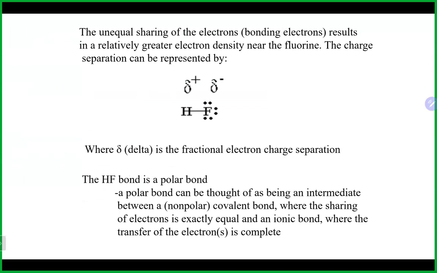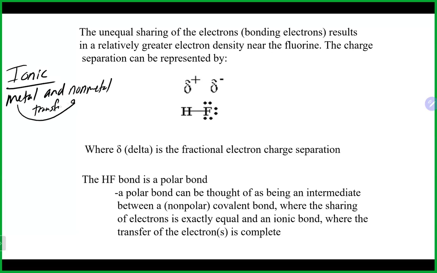So we could think about the three types of bonding that we talked about and summarize it like this. On one end of the extreme, we have an ionic bond, which is always between a metal and a nonmetal, where we have that transfer of electrons from our metal to our nonmetal.